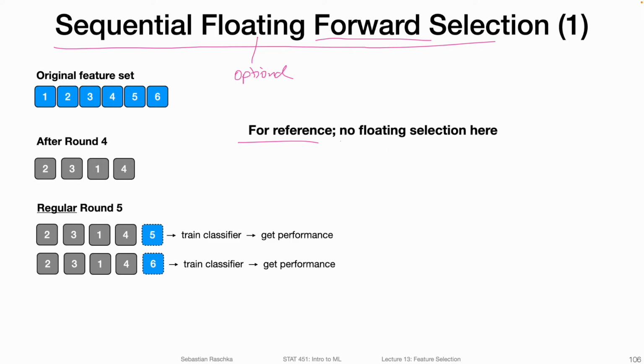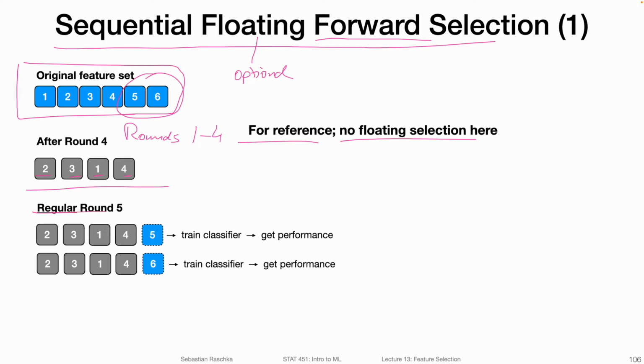So here there is no floating selection, it's just the regular sequential forward selection. For this example, we consider a data set consisting of 6 features here. And suppose we have already completed rounds 1 to 4, and this is the feature subset after round 4. So we have selected feature 2, 3, 1, and 4. So the only features we have not selected are 5 and 6.